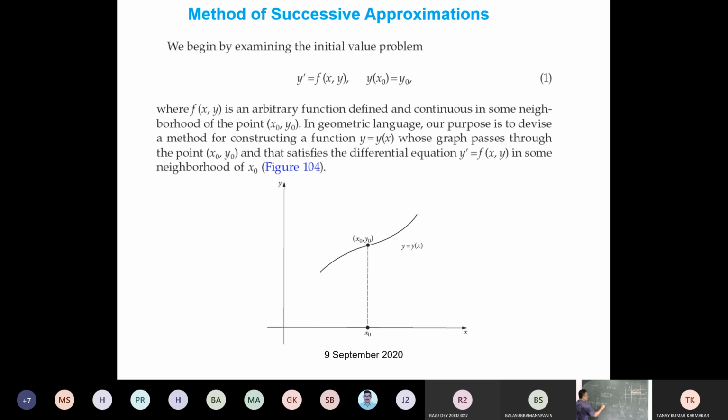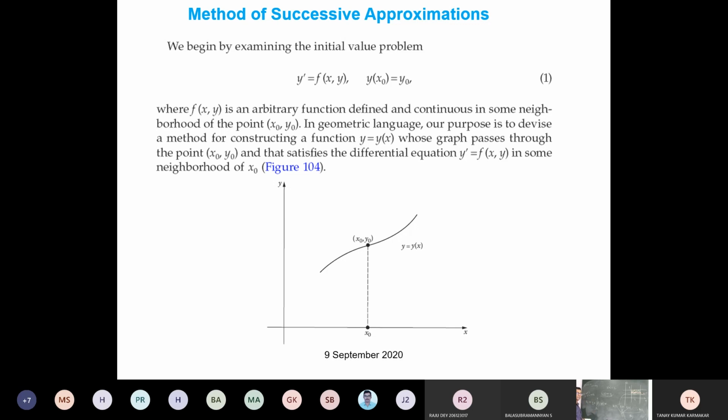In this particular case, it would have become t squared plus sine of y naught, because y naught is simply constant.